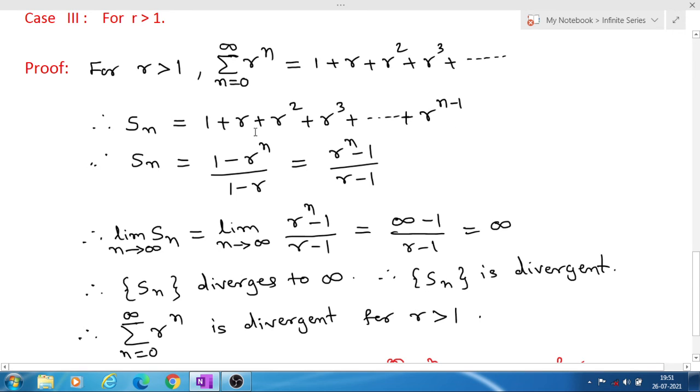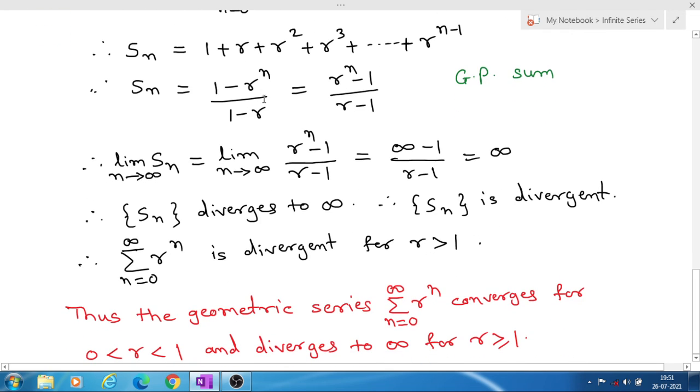Therefore Sn, as we wrote above from the formula for the sum of n terms of a geometric progression, is 1 minus r raised to n divided by 1 minus r. By changing the sign of numerator and denominator, we get r raised to n minus 1 upon r minus 1.